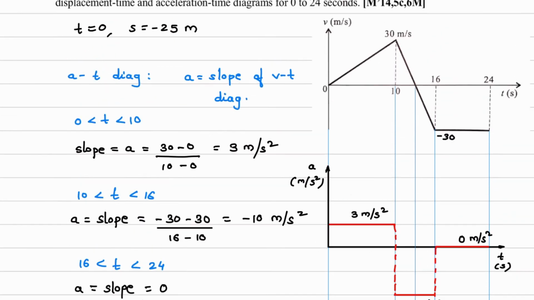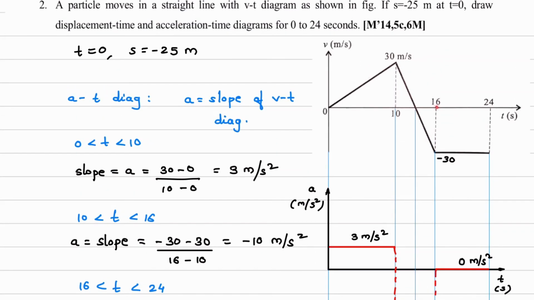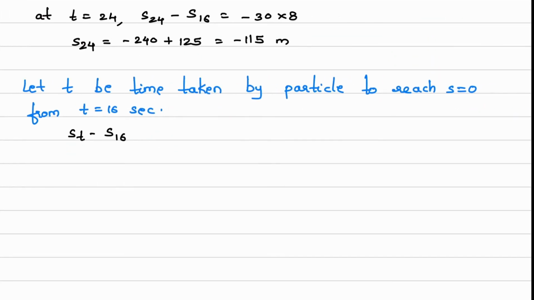From 16 to here there will be one time period, so I'll draw an imaginary rectangle over here. Suppose this is T. What is the height? It is minus 30. So ST minus S16 is equal to minus 30 into T.